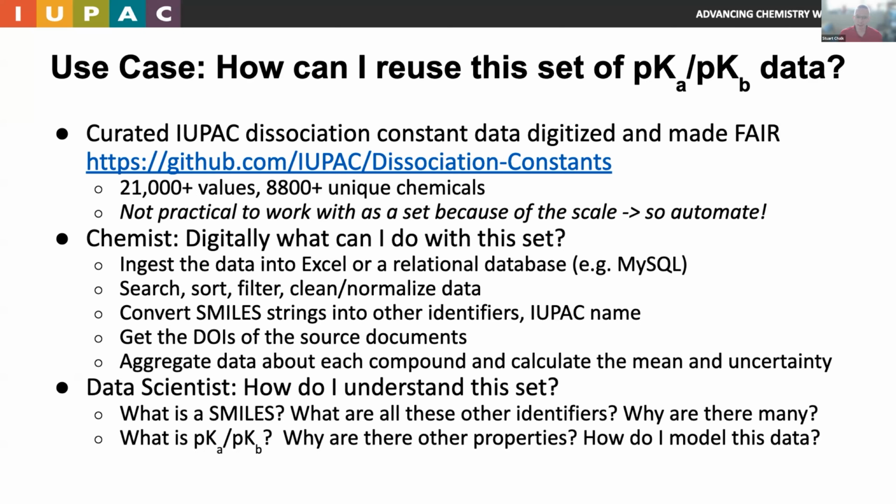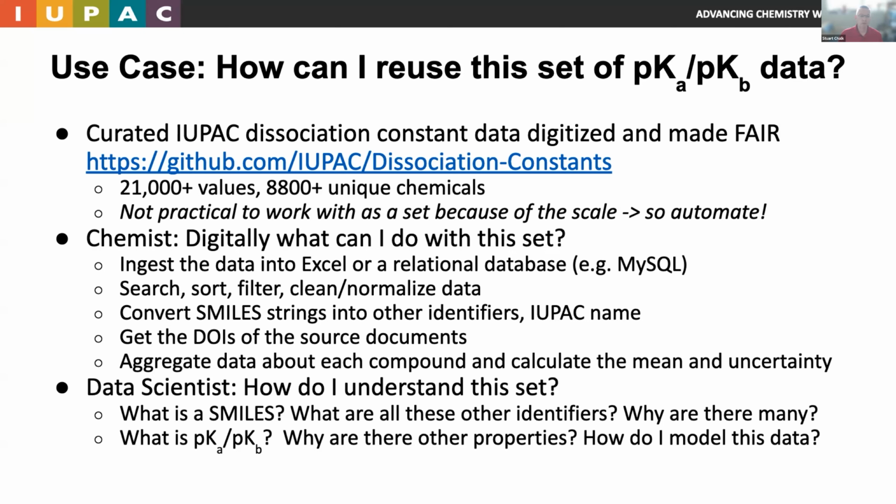One of the activities within FAIR that is very important to promote is the reuse of data. And so if there is a data set like this one, which is available on the IUPAC GitHub organizational site, what would somebody need to think about or do to be able to reuse this data? And so these are the kinds of activities that we're trying to help the community work with.